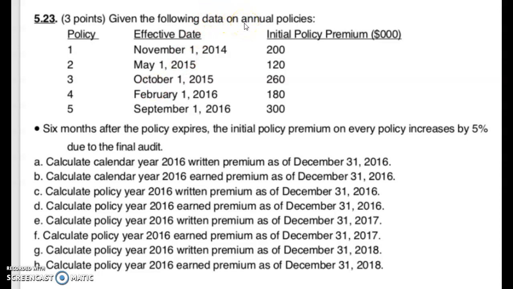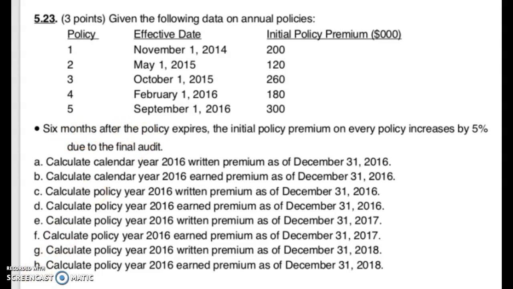Since this is an annual policy, we have the end date 1 year after the study date. And given by the question, the audit will occur 6 months after the policy expired.